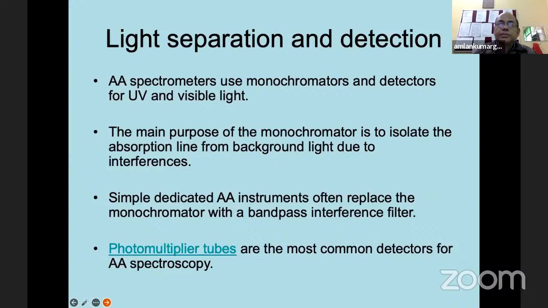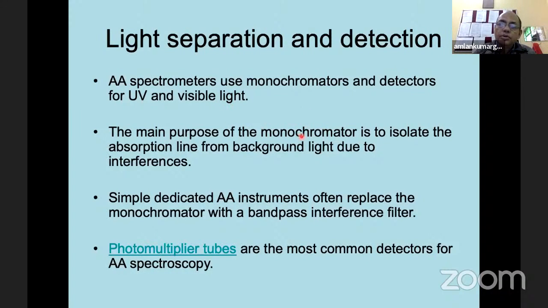Then you have light separation and detection. Once you get the radiation, it has to be measured. That means you need a detector. An atomic absorption spectrometer uses monochromators and detectors for UV and visible light. Now you know that the wavelengths of radiation emitted by transition metals also fall in the UV range, and that is why you need monochromators in the UV and visible range in atomic absorption spectrometers.